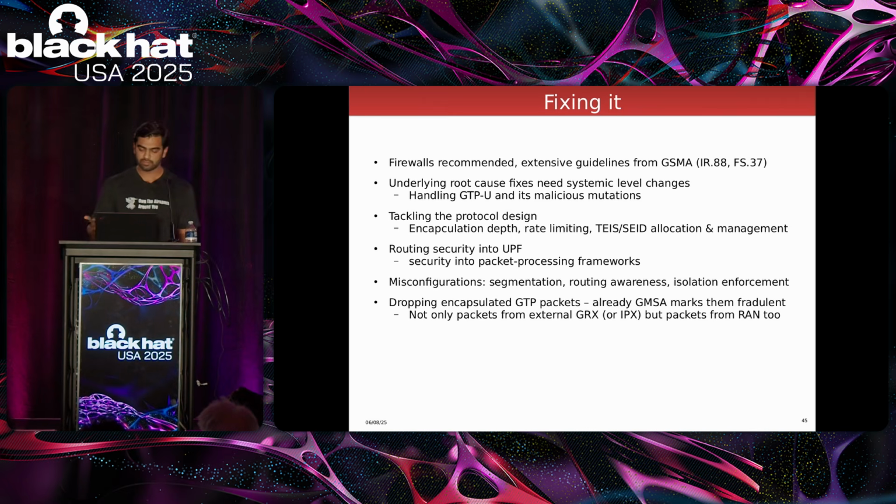Yeah, some ways to fix this. We always want to fix the root cause. If you go into the marketplace, there are hundreds of companies trying to sell you firewalls that may or may not prevent these attacks. But it's important to understand that the UPF is the heart of the data plane, and data is precious in 5G networks.